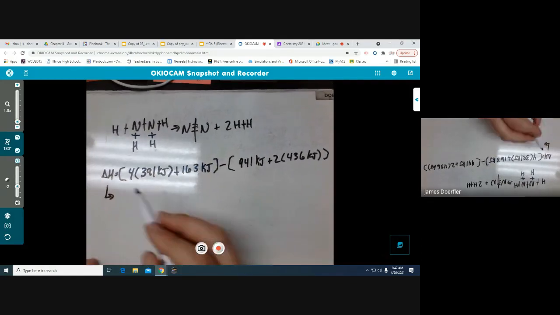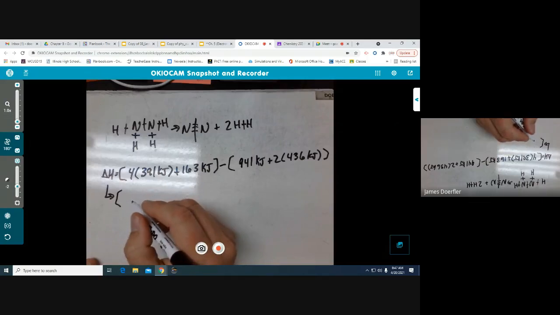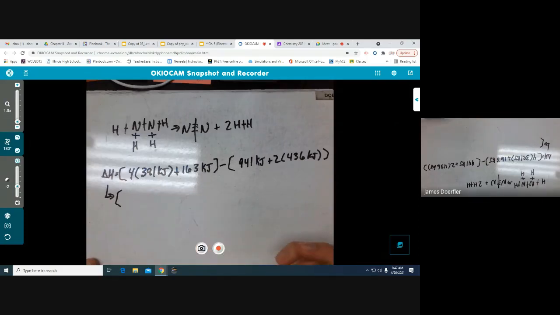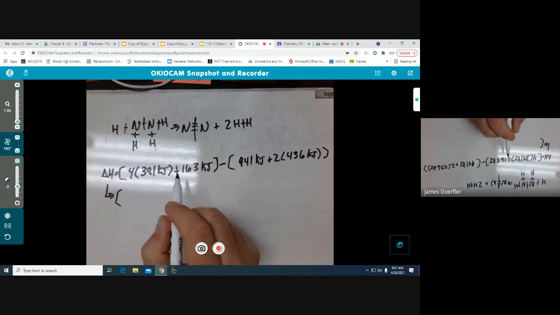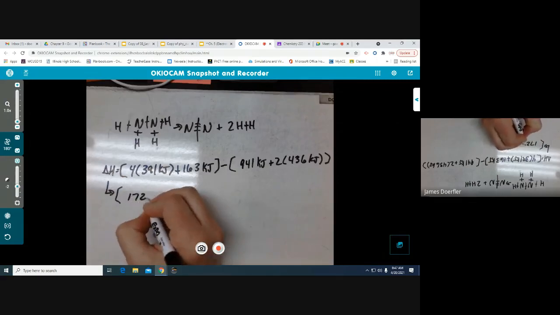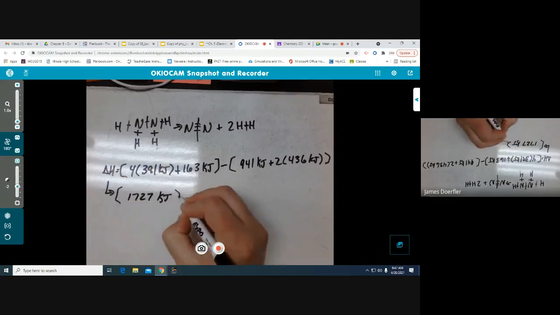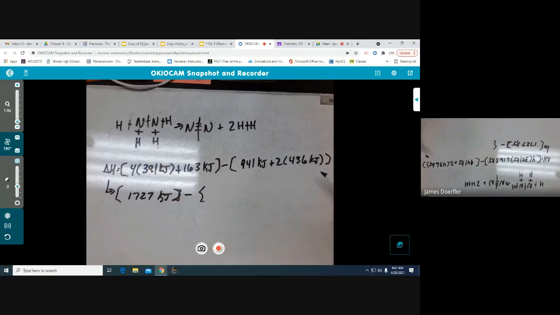So we then start multiplying what we need to. 4 times 391, and we can actually simplify this in fewer steps. Take 4 times 391 plus 163. That gives 1727. And then take 2 times 436 plus 941.